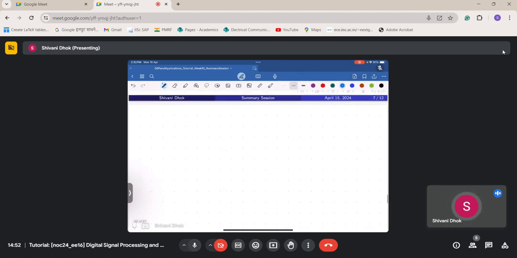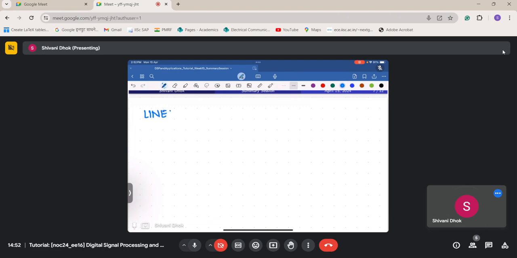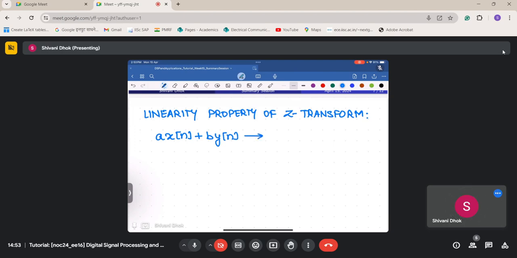So what does the linearity property say? It says that if I consider the linear combination of the time domain signals, that is, a times x of n plus b times y of n, then this will have a times X of z plus b times Y of z.